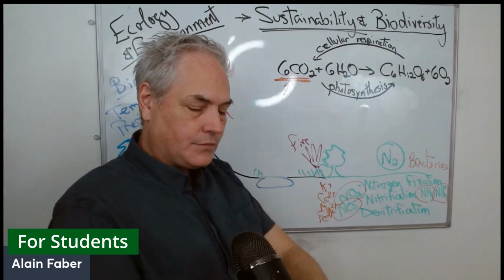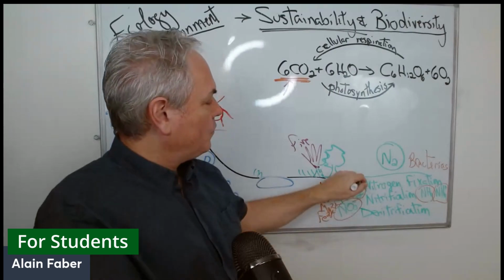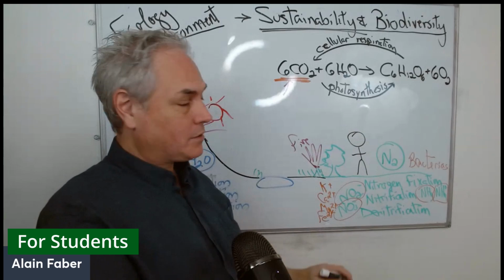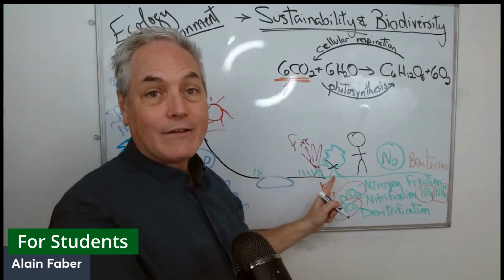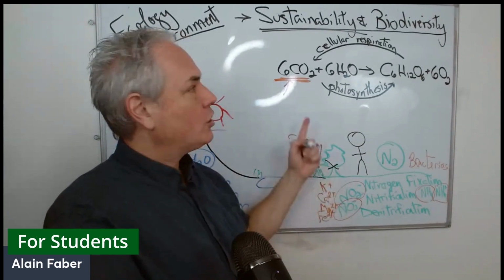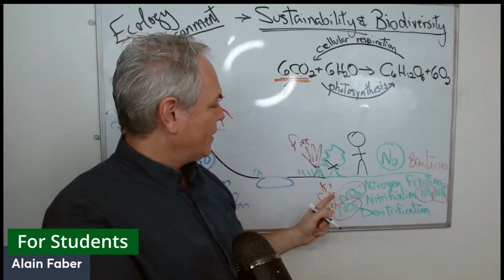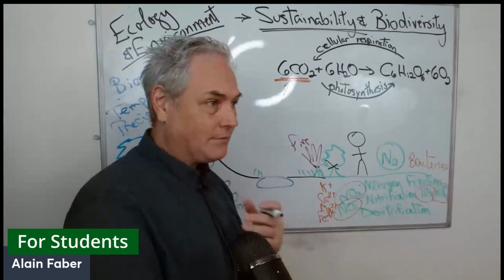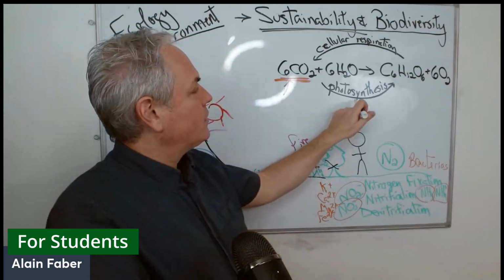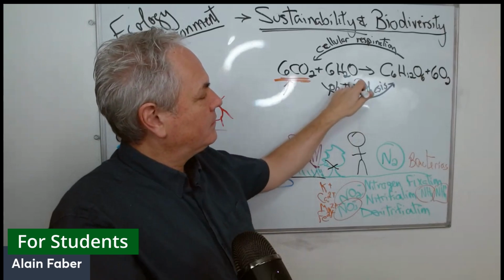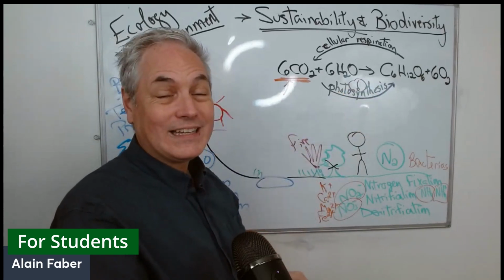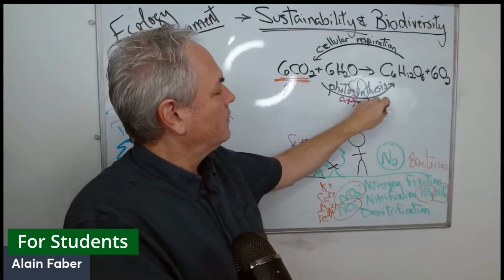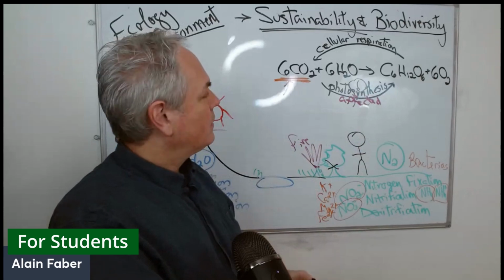Now, what's interesting though, is that we have humans, and when humans come in, we need houses. So when we need houses, what do we do sometimes? We cut the trees so we can have materials to build a house. By cutting the trees, using plant-based materials to construct something, even for clothing and otherwise, we are affecting photosynthesis.